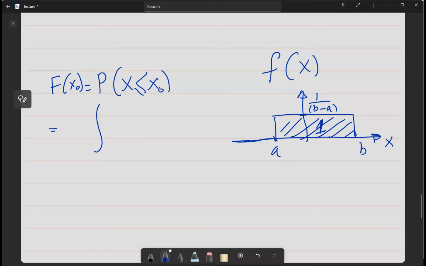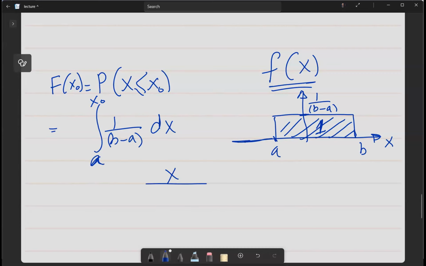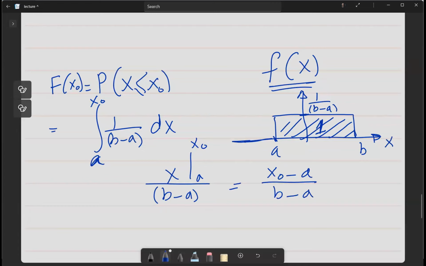So it will be from a, because this is the minimum, up to x0. F of x, as we said, is 1 divided by b minus a, so it is the integral of dx over b minus a. The integration of 1 is equal to x, and b minus a is fixed, with the integration limits from a to x0. This will be x0 minus a divided by b minus a.